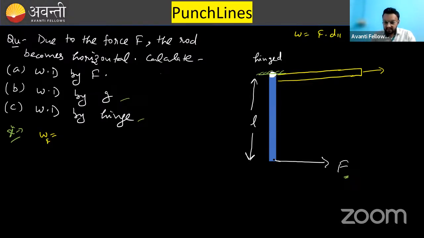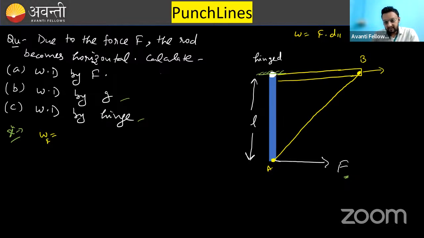If I see the displacement of the point of application of force, this is the point of application of force, and this point moves from here to here. Am I right? The point of application moves from point A to point B. So this is the displacement that we need to discuss.